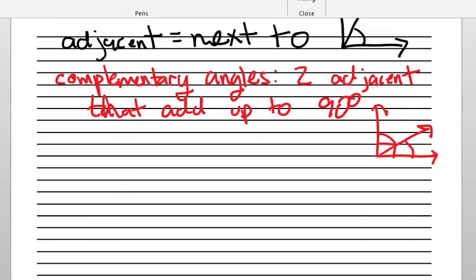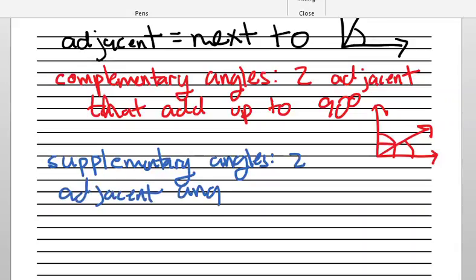Supplementary angles are adjacent angles that add up to 180 degrees. So we'll write supplementary. Make sure I'm spelling that right. Supplementary angles, two adjacent angles that add up to 180 degrees.